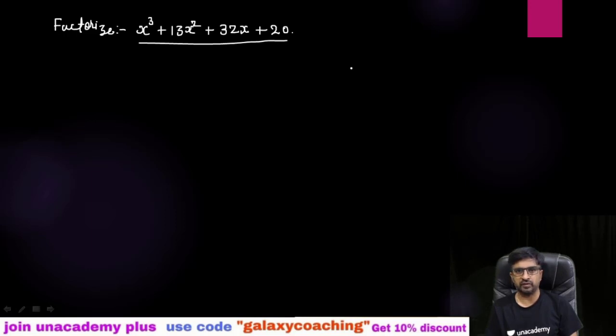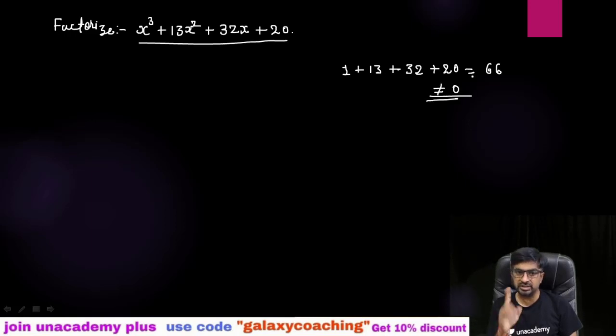So the coefficient of x cube is 1, plus the coefficient of x square is 13, then the coefficient of x is 32, and the last term is 20. Here the sum is 66. So the sum is not equal to 0.